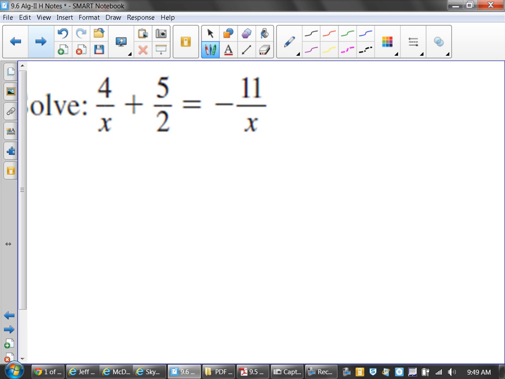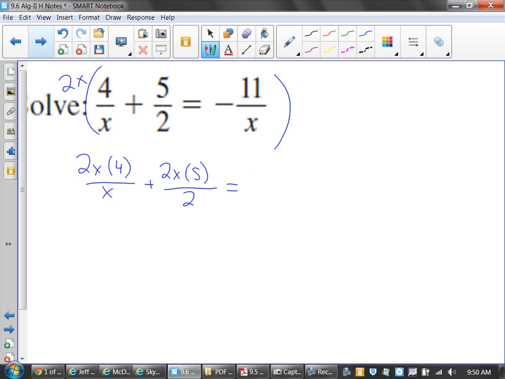So what happens now is I can multiply everything by 2x. And I'm going to go step by step with the distributive property again to show you how these denominators drop out. When you distribute, 2x times 4 over x plus 2x times 5 over 2 equals 2x times negative 11 over x.